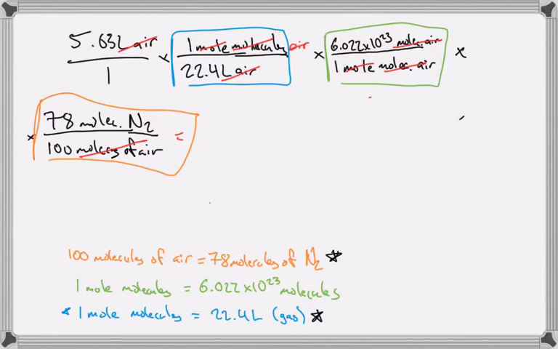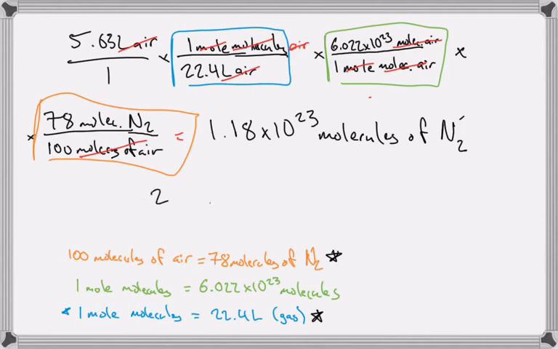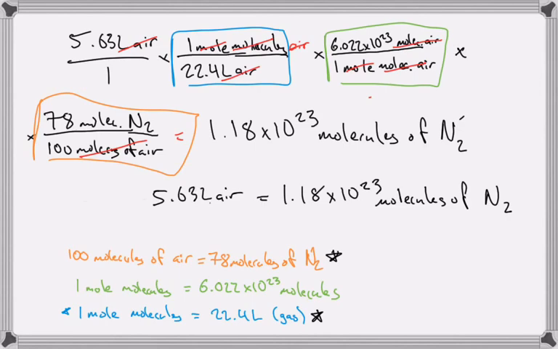And if we do that, what I find is that we have 1.18 times 10 to the 23rd, and our final units are molecules of N2, or nitrogen. So we could also say that in Sia's breath at standard temperature and pressure, 5.63 liters of air is equal to 1.18 times 10 to the 23rd molecules of N2. Hopefully that'll help you answer all the questions in your homework and come prepared for class tomorrow.